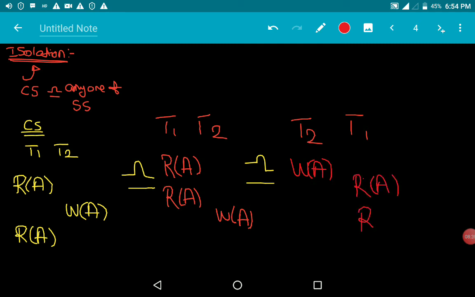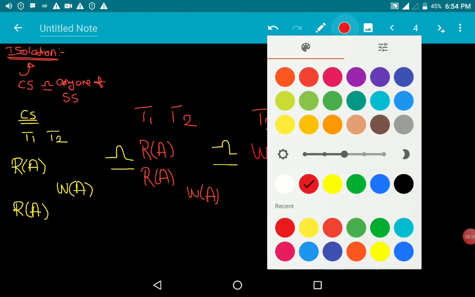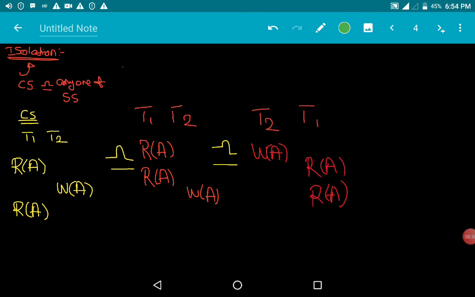How can we check whether these concurrent schedules are equivalent or not? I assume that initially the A value is 100. So here 100 will be read and updated to 200, and then only read, therefore it is 200.